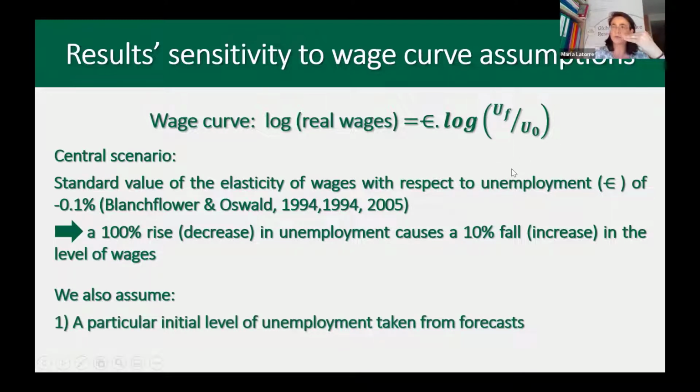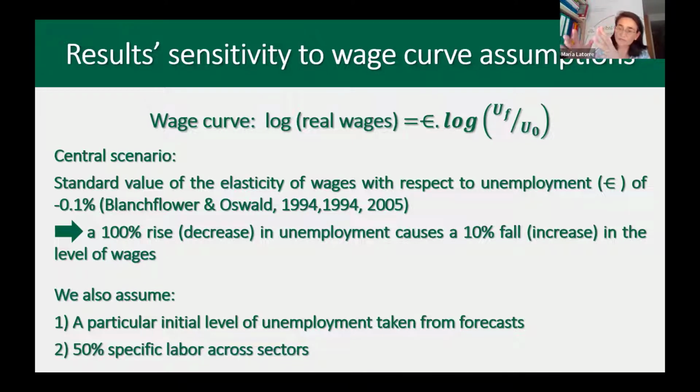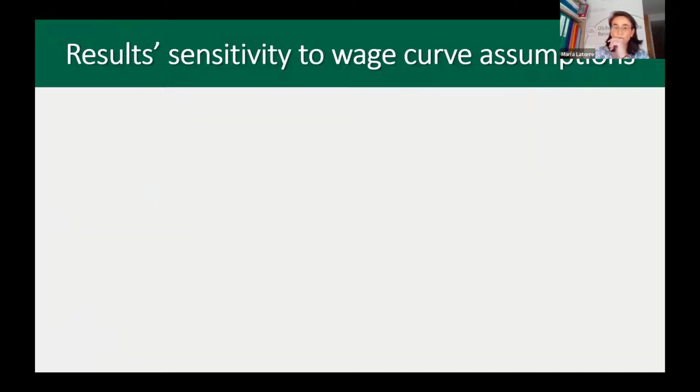So we take that from forecast because we have updated 2014 GTAP data to 2022. And then we also have that 50% of the labor in each sector is sector specific and cannot move to other sectors. So only 50% of the share of labor in each sector can move in this model.